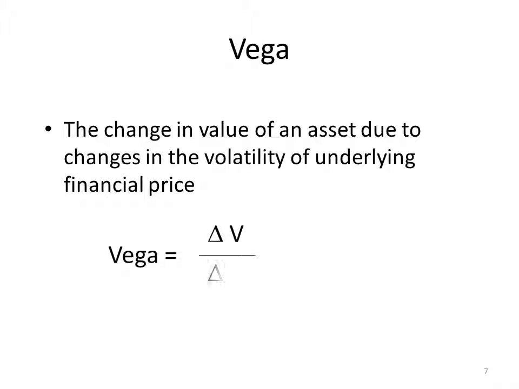Vega then is defined as delta V, change in value of our derivative, with respect to delta sigma sub P, the standard deviation of the price of the underlying security. We simplify this to the first partial derivative of V with respect to the standard deviation of the underlying securities price.